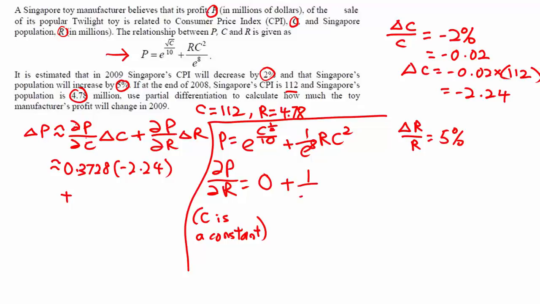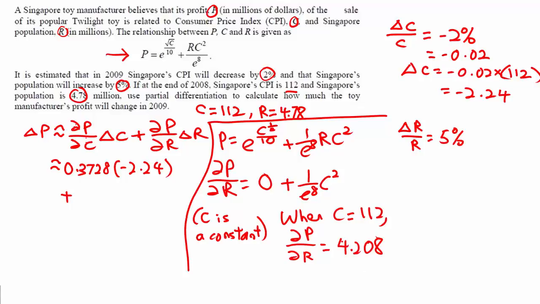So this will then be 1 divided by e to the power 8 times C squared. So with that, I'll substitute the value of C inside. Partial P over partial R will then be equals to 4.208. So this is 4.208.